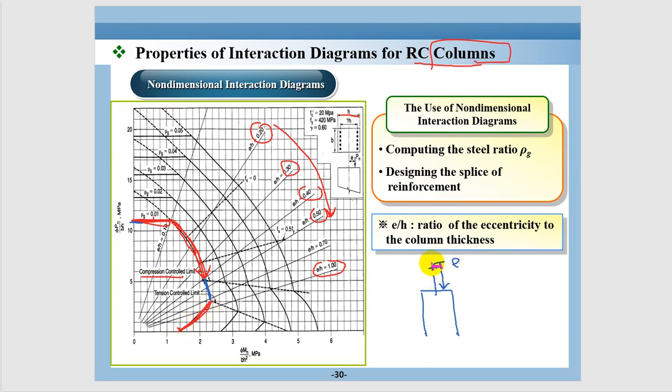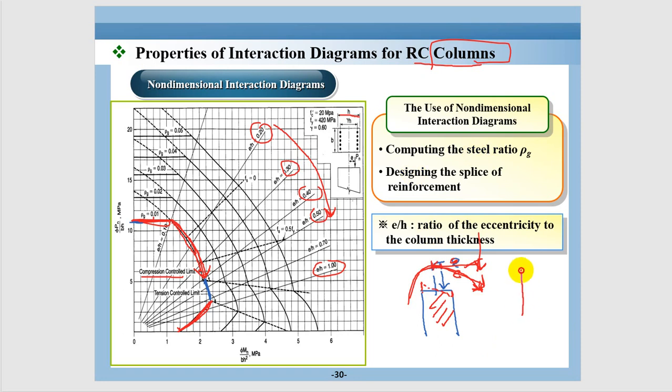This is easy to understand. If you have a very big eccentricity, e, with your axial load, then you are having a very big moment. So you turn your column over. Very big moment with a very big eccentricity will turn your column over, so you need tensile strength right there. And this is compression, which is 0.003, and you have tension right there.